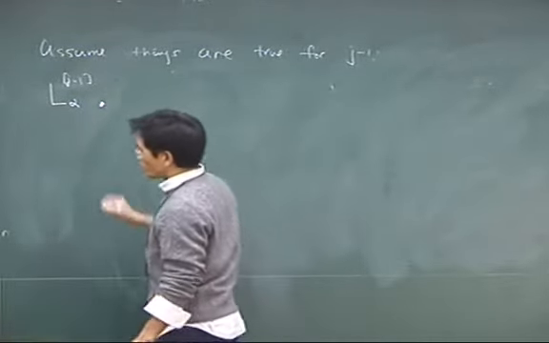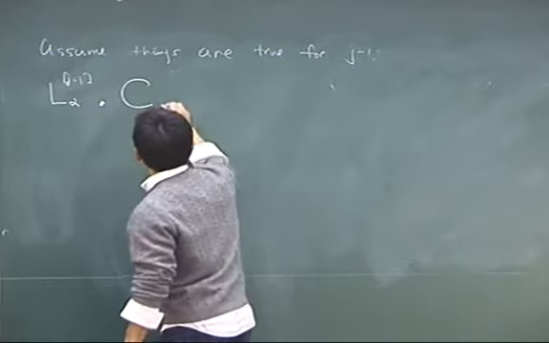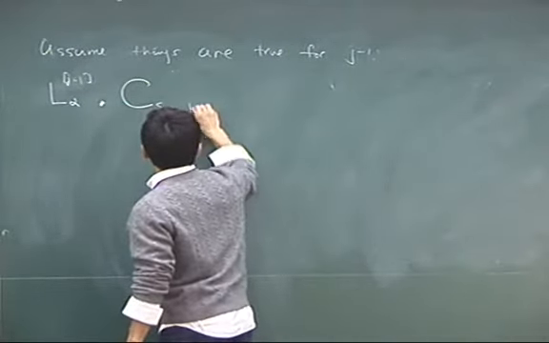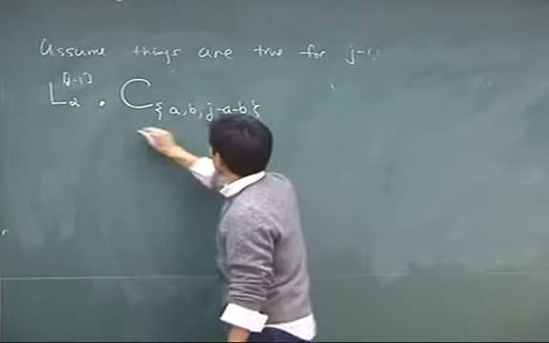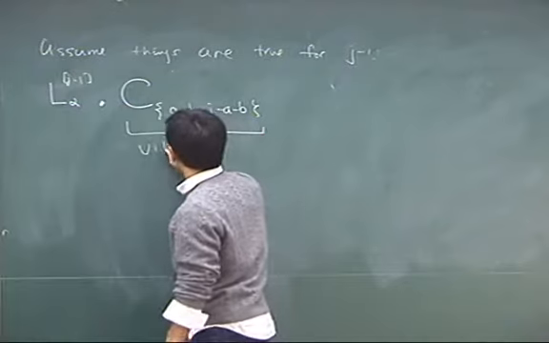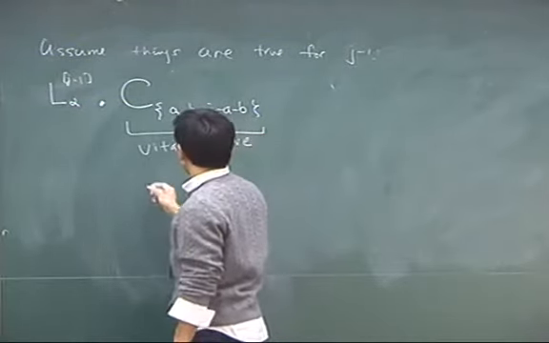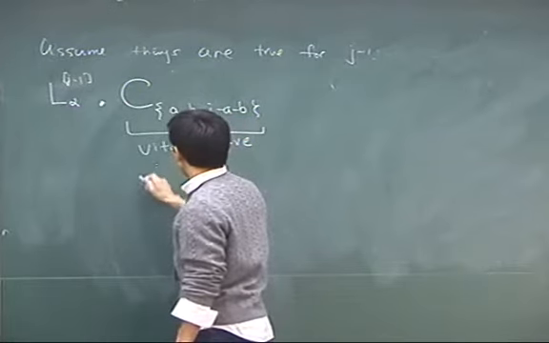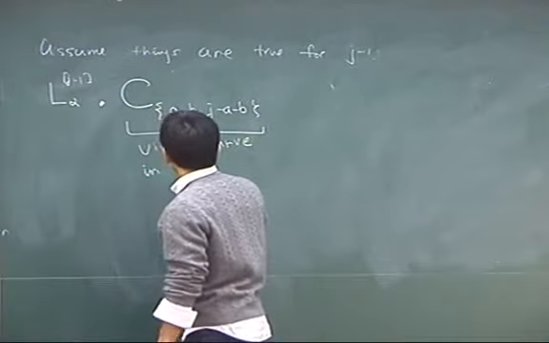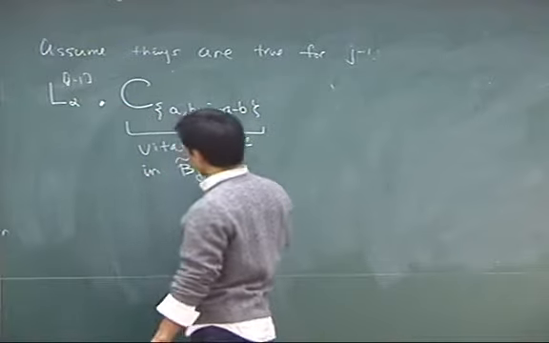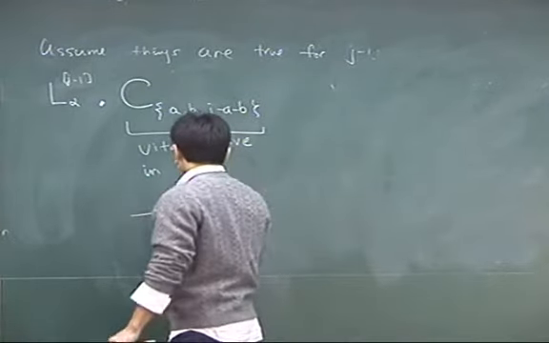Then what I'm going to do is take the intersection of this guy with this A, B, j minus a minus b. This is a vital curve in BJ tilde, and it looks like this.